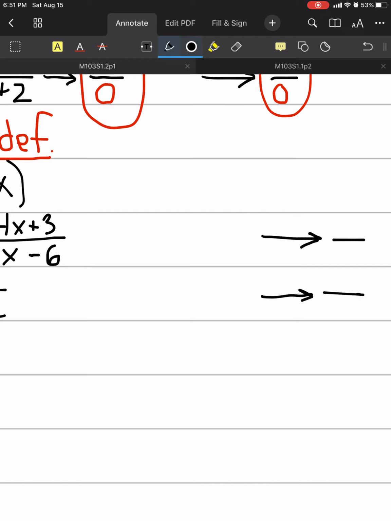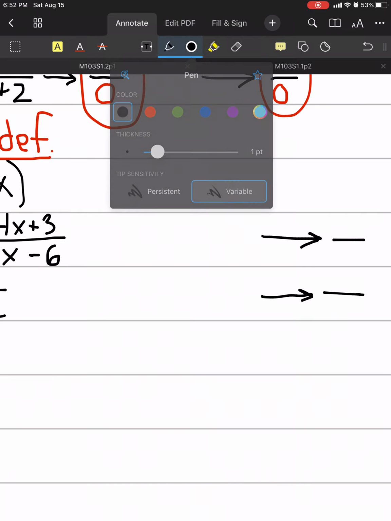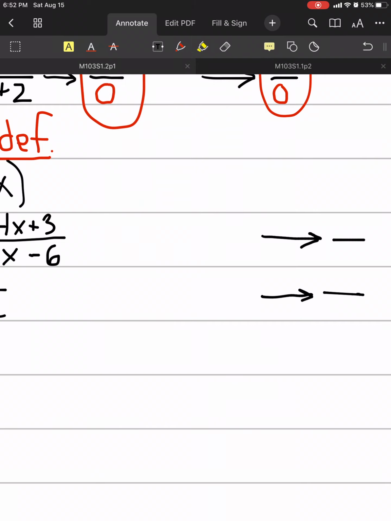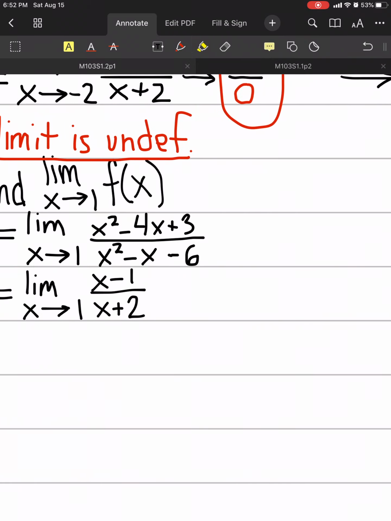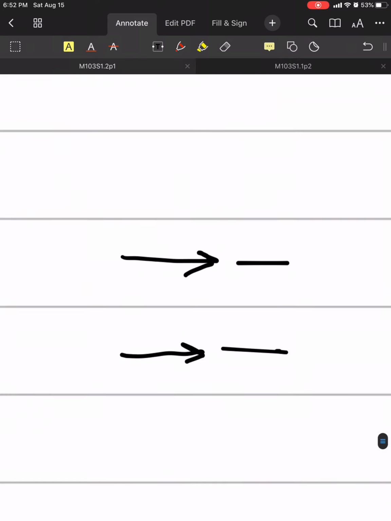But either case here, if I plug 1 into the top of this first one here, I get 1 squared, which is 1, minus 4 times 1, so 1 minus 4, that's negative 3 plus 3, that gives me 0 on top.